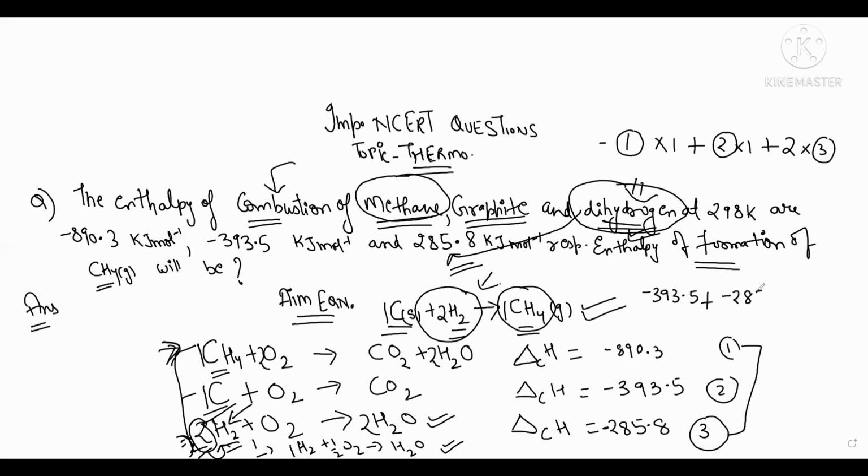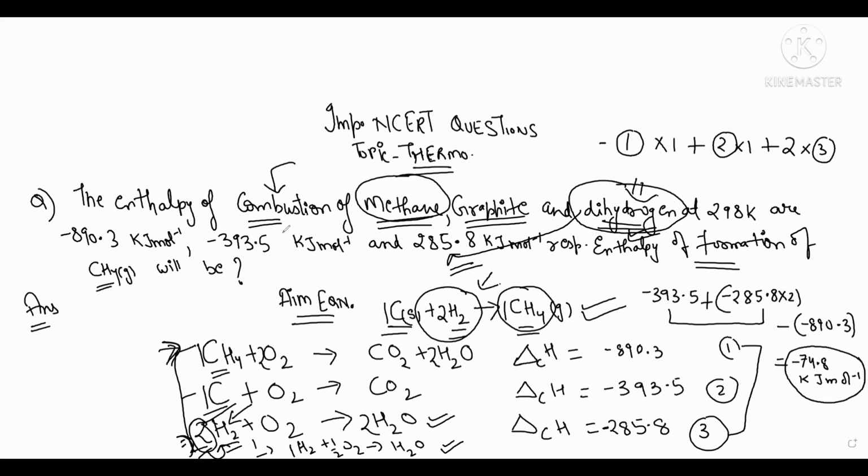So this is minus 285.8, which will be multiplied by 2. So this is second equation and third equation, and minus we have to do with first equation. First equation is minus 890.3. On solving all these 3 equations, we will get the answer of about minus 74.8 in kilojoule per mole units, and hence this will be our answer.